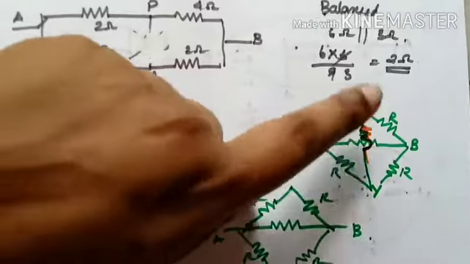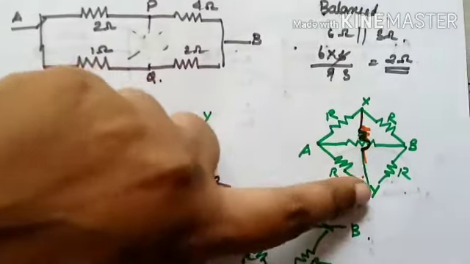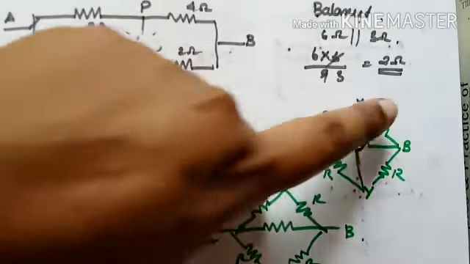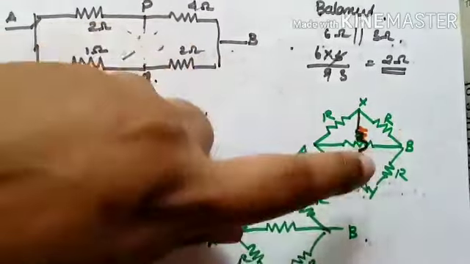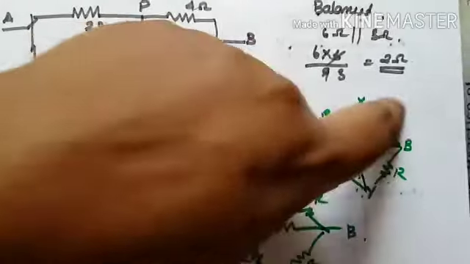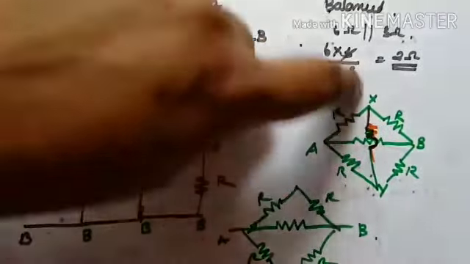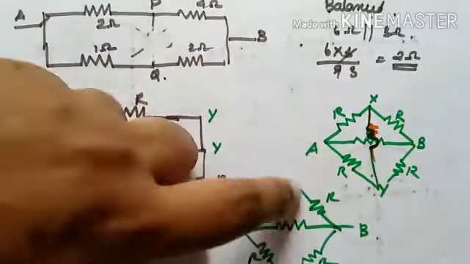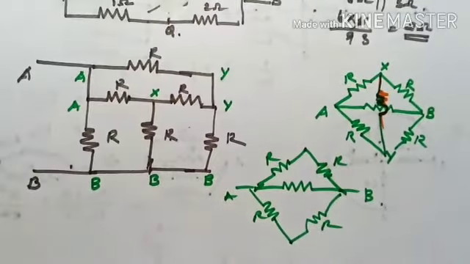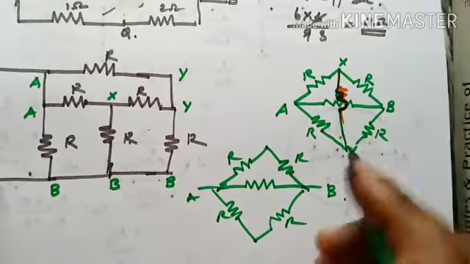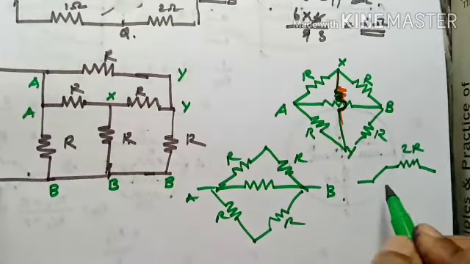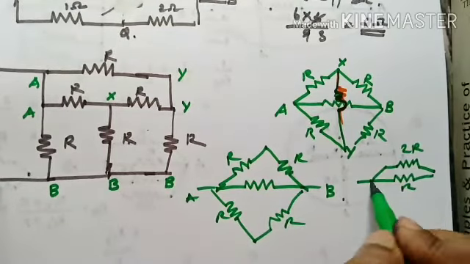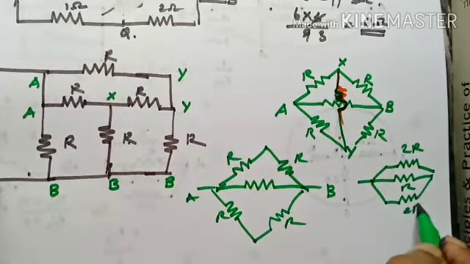I hope you understood. See, I neglected the resistance between X and Y because of this R by R. You have to look at whether R1 by R2 is equal to R3 by R4 like this. Then the potential is the same, and you can neglect it. So I removed it, and the rest of the things remain as they are. Now R and R are in series, so the equivalent resistance will be 2R, and this is an R and this is 2R, right?